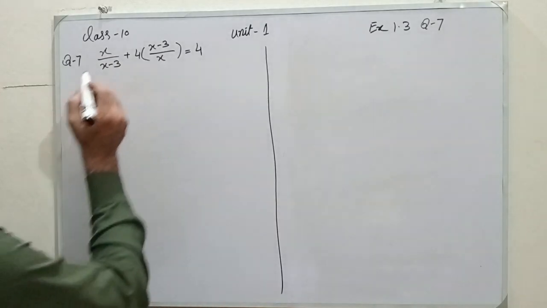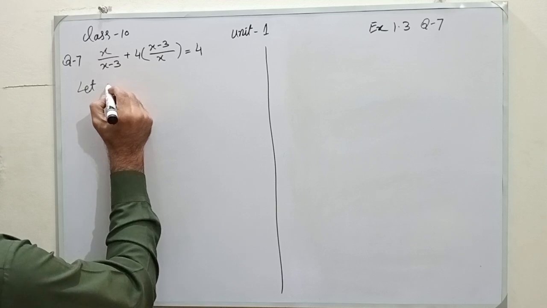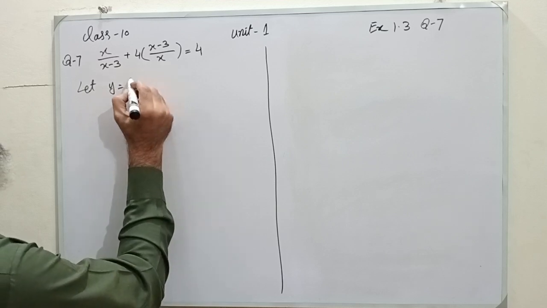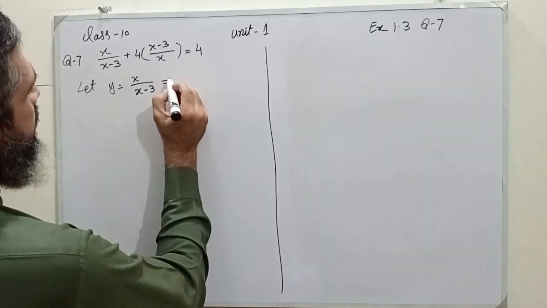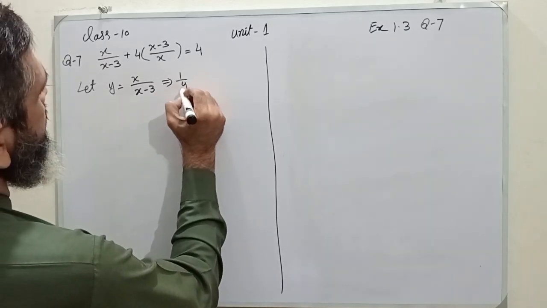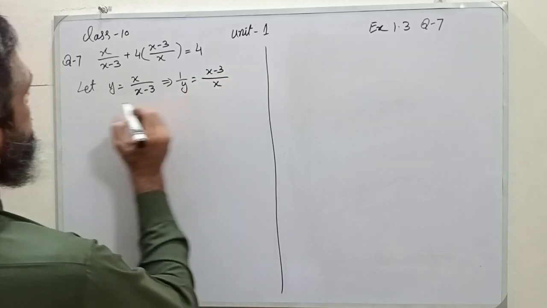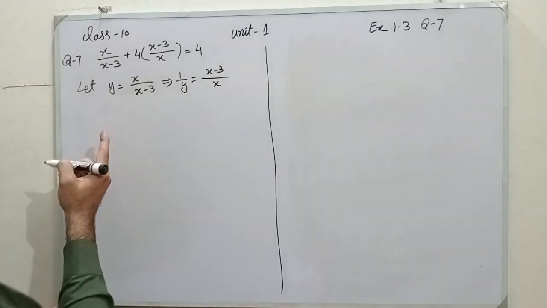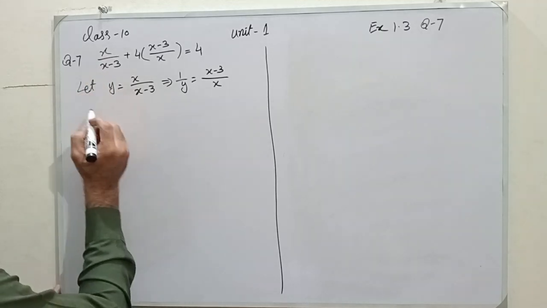Question number 7, let y is equal to x over x minus 3, then 1 over y is equal to x minus 3 over x. So we'll replace the y by this x over x minus 3.